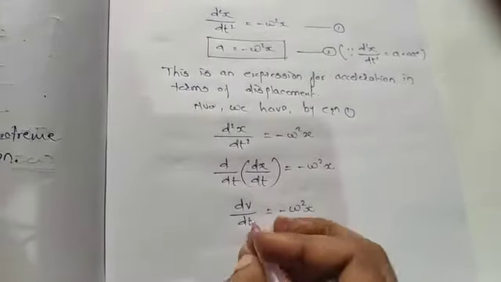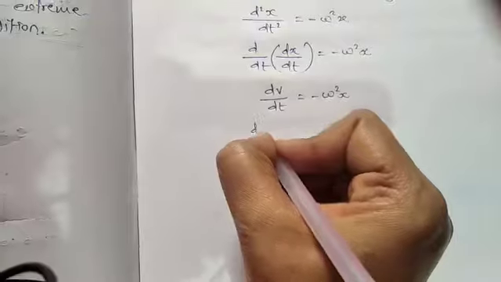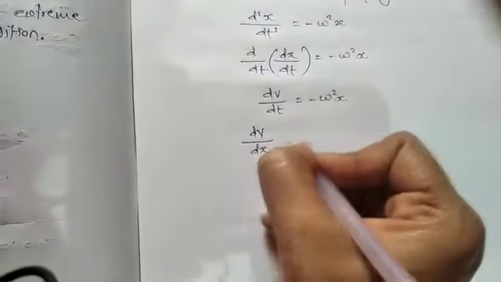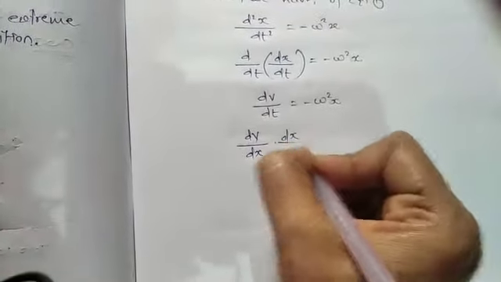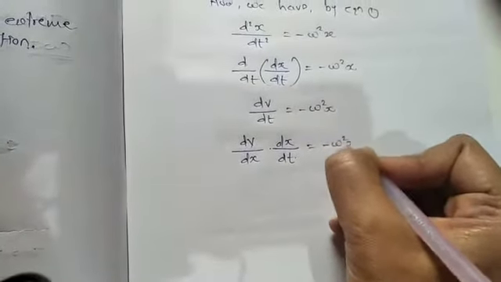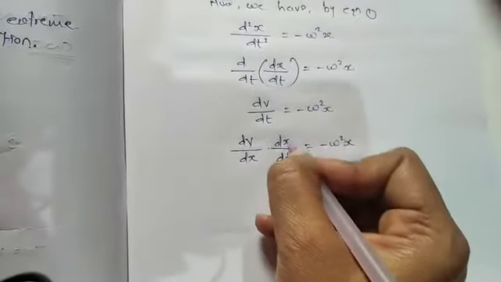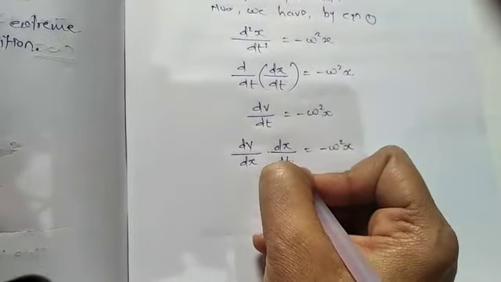We can write this dv by dt as dv upon dx into dx by dt is equal to minus omega square x. This dx by dt, displacement with respect to time, is velocity.